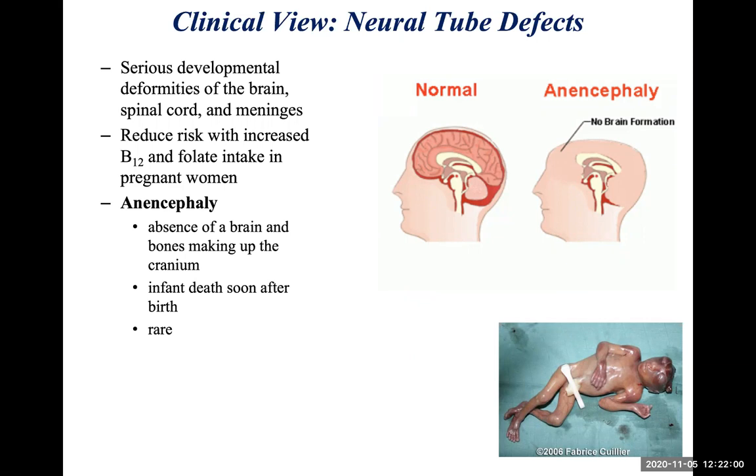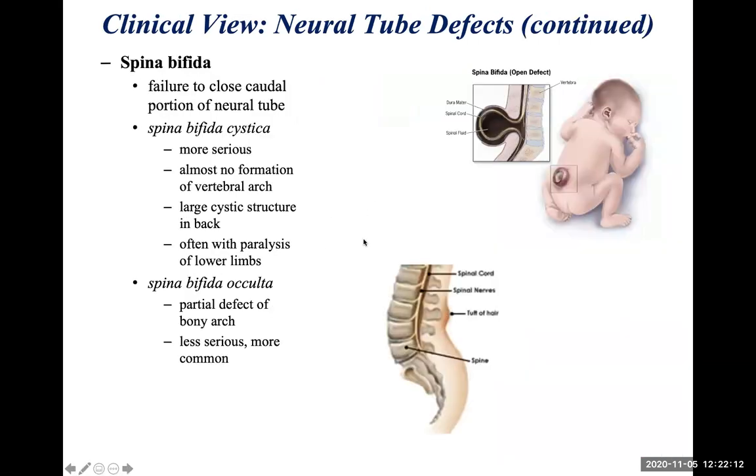There's degrees of anencephaly, but unfortunately, it's typically a condition that is not associated with life, and by that I mean with longevity. Individuals with anencephaly don't tend to survive for very long after birth.